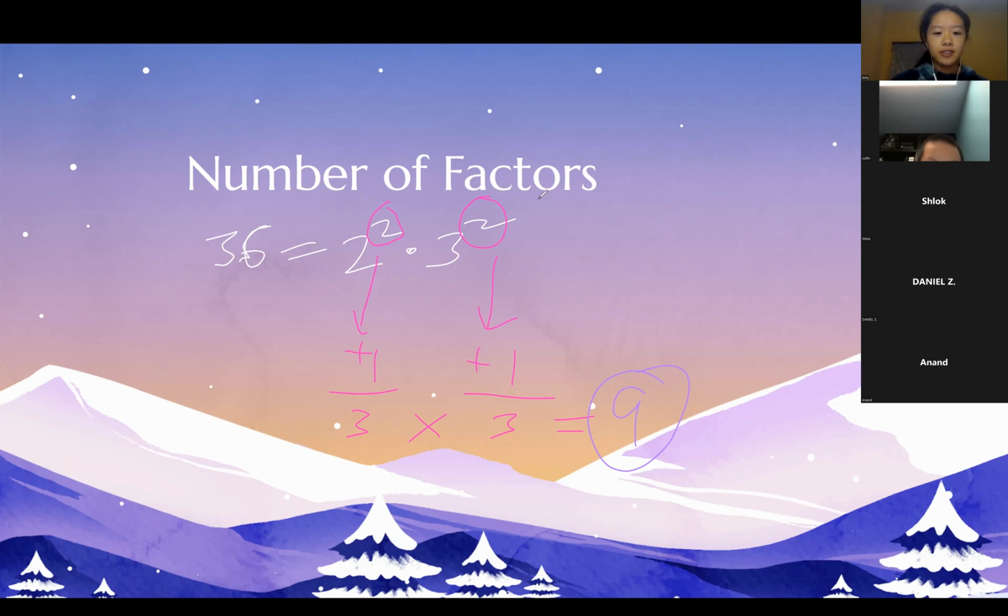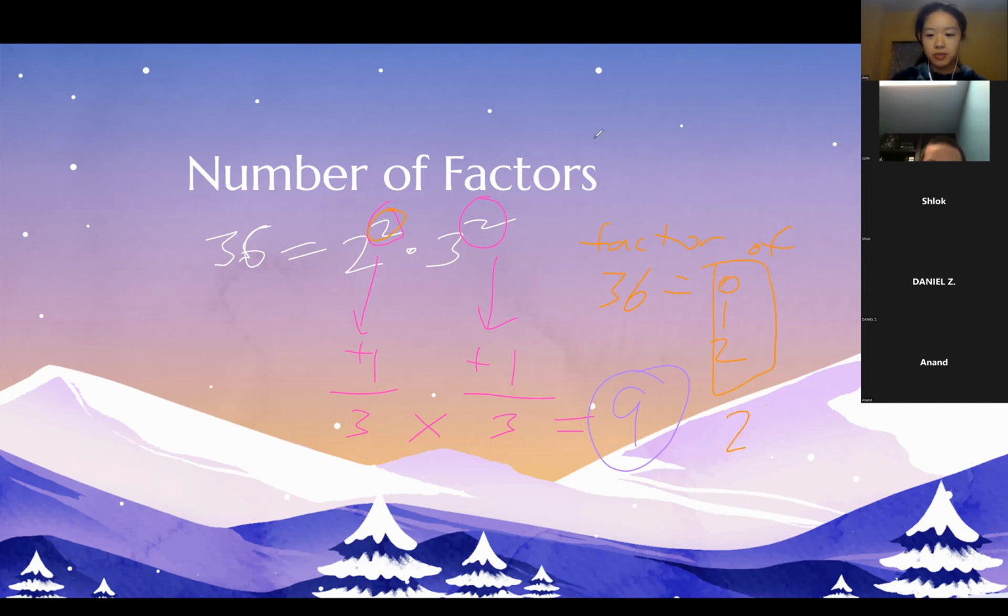So any factor of 36 is equal to a certain number of 2s times a certain number of 3s. How many possibilities for the number of 2s are there? There aren't 2 possibilities, there are 3, because you can have 0, 1, or 2 2s.